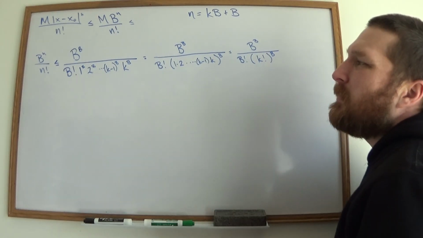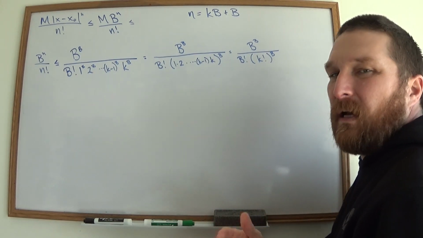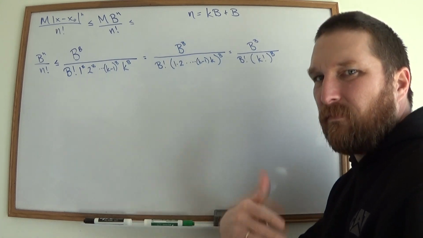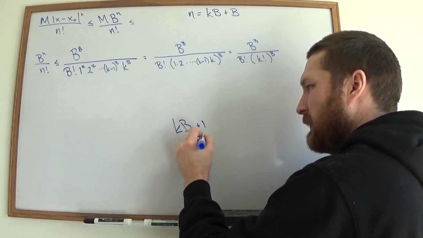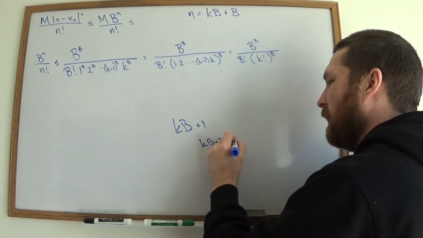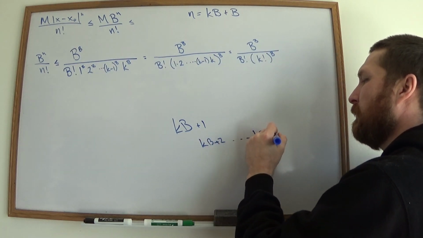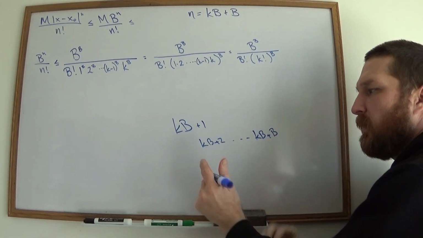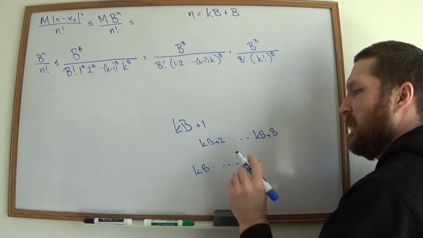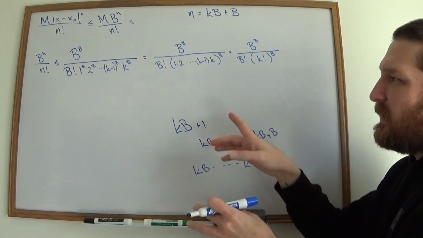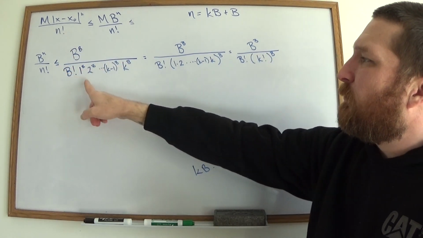And k was just some number. We were counting. We got up to 2b, then 3b, then 4b, then we got up to kb, and then we did our kb plus 1, kb plus 2, all the way up to kb plus b, and then we made each one of these smaller, so we had a bunch of kb's in the bottom. And then we did a bunch of cancellation, and this is what we ended up with.